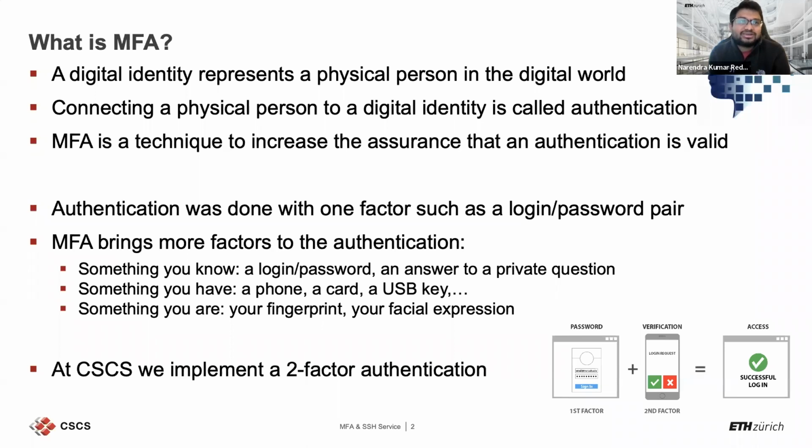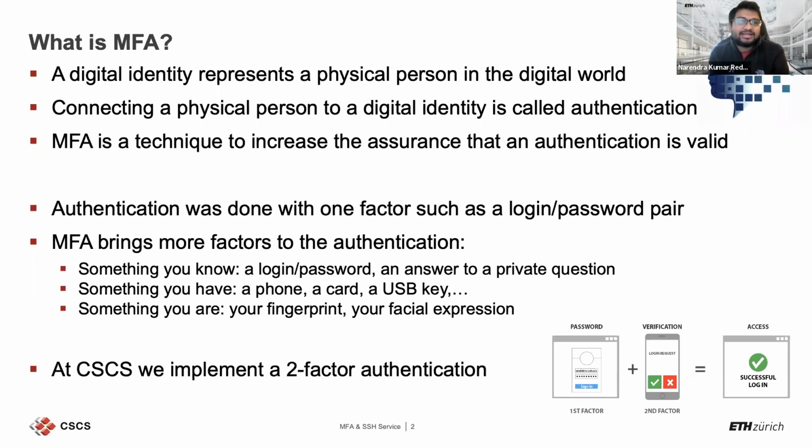In general, there are some factors. For example, something you know, such as a PIN. Sometimes something you have, for example an OTP on your phone, or a USB key, something you have that can prove who you are while performing the authentication as a second level.